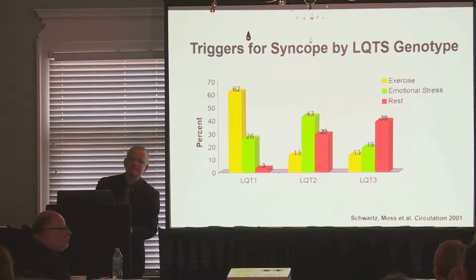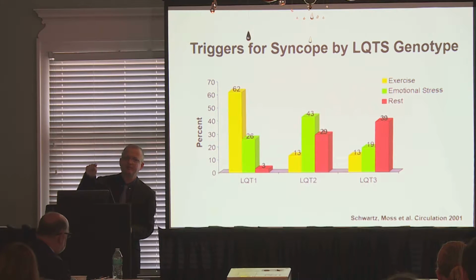Yes? If my children were tested when they were young, and that was not genetic testing, it was just the electrocardiogram. That's not enough. They should be tested for the same mutation that you have at the least.